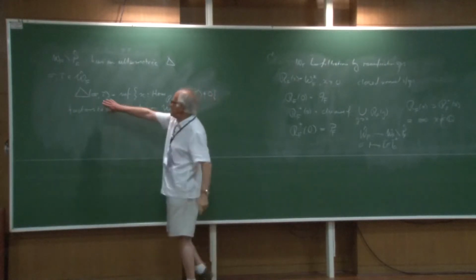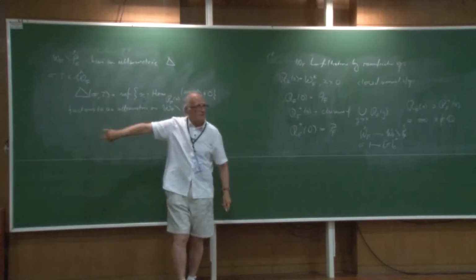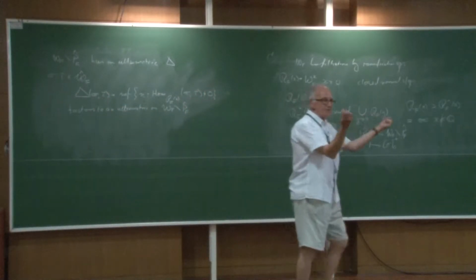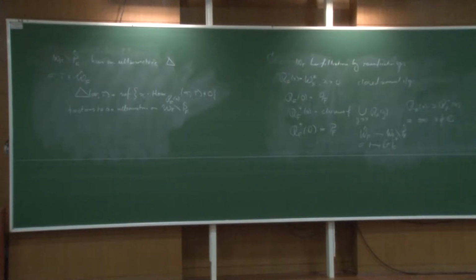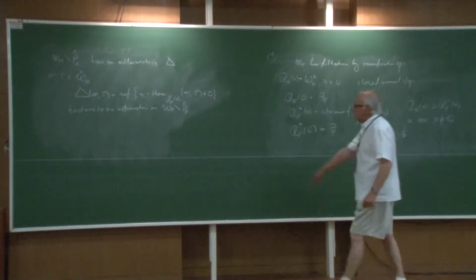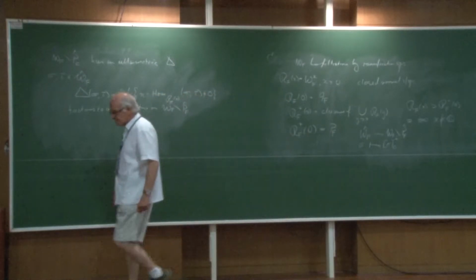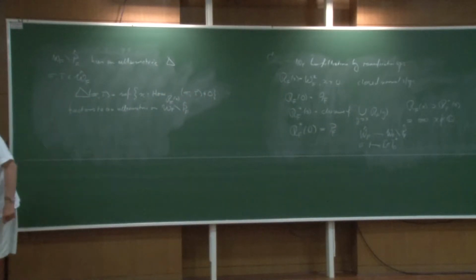The point is that this thing does not separate points. You can have two distinct representations which are distance 0 apart, but they become the same when you project down to there. Right.